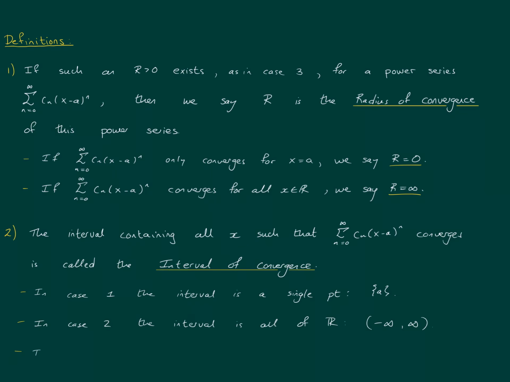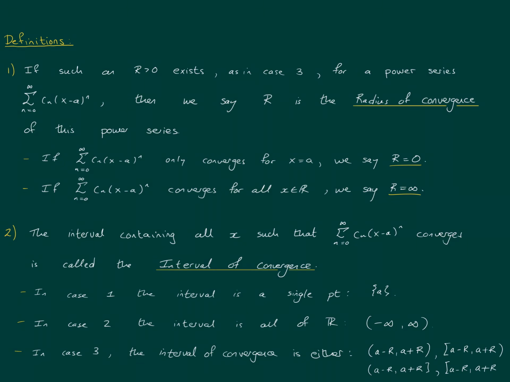Now in case 3, it's a bit more complicated because we have a few scenarios. So in case 3, remember we have this r greater than 0. So the interval of convergence is either the open interval a minus r to a plus r, so you don't converge on either endpoint, or you converge on the left endpoint and not the right, or you converge on the right and not the left, or you might converge on both.